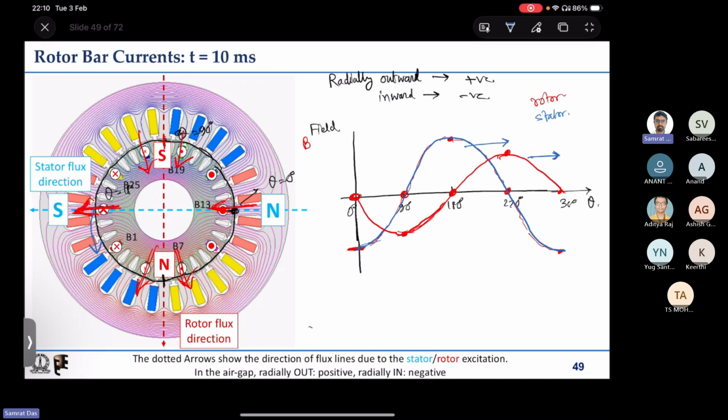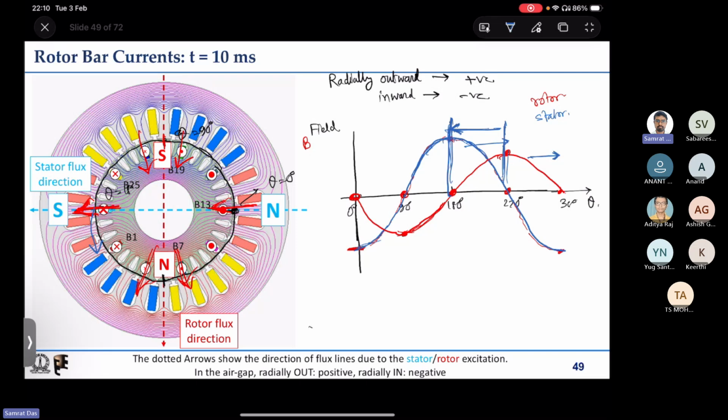So which one is leading? You can see that the stator one is ahead compared to the rotor one. That is the stator one that is leading the rotor one by 90 degree.